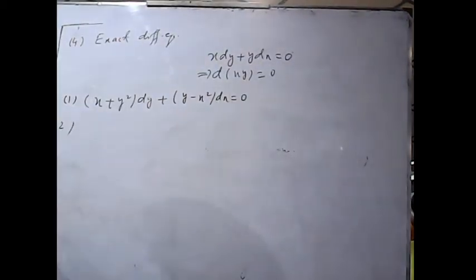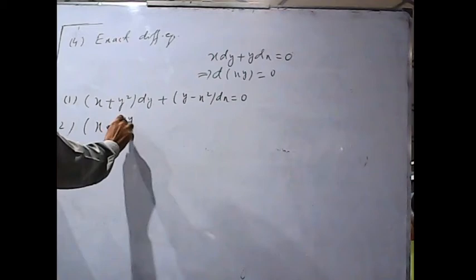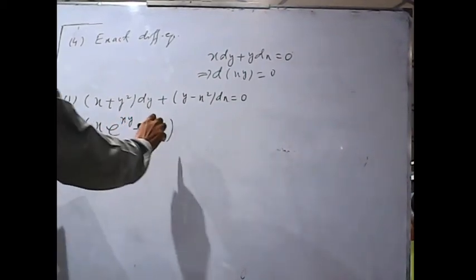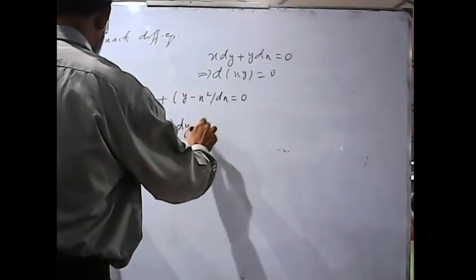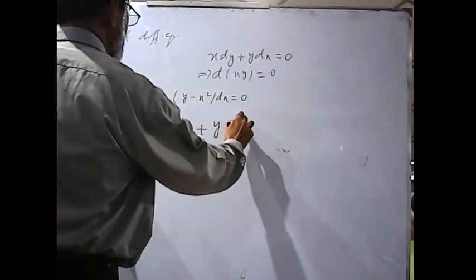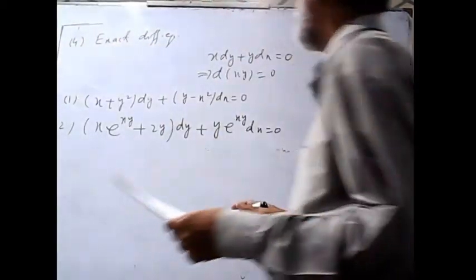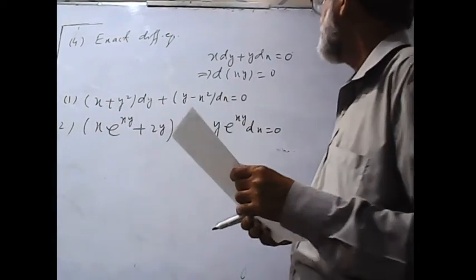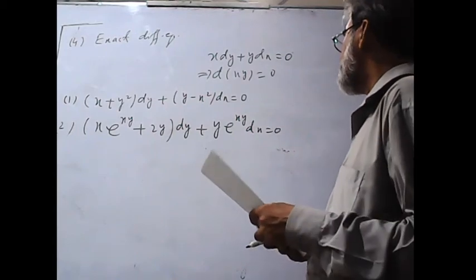Similarly, question 2: x e^(xy) 2y dy plus y e^(xy) dx equal to 0. Write the second question also in the form such that first dx, then dy.